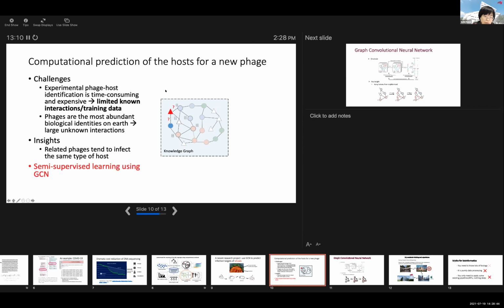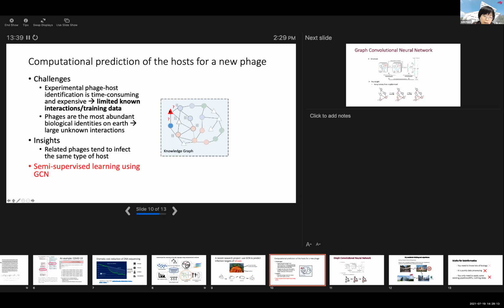Once we have this graph, we use semi-supervised learning based on GCN to model this interaction inference as a binary classification problem. In this network, we use GCN to encode all the feature vectors of the phages and the bacteria, and then use those encoded feature vectors as input to a binary classification problem.